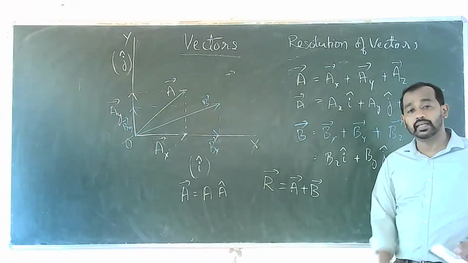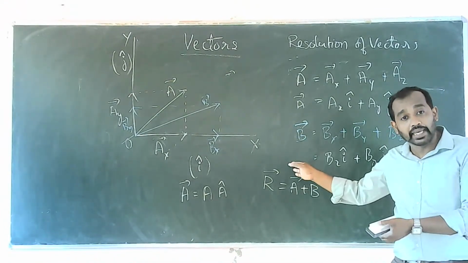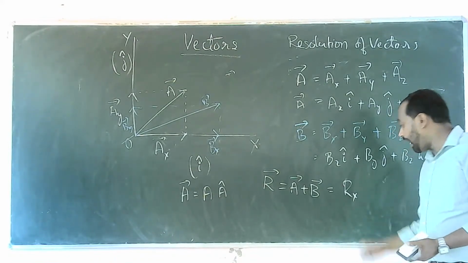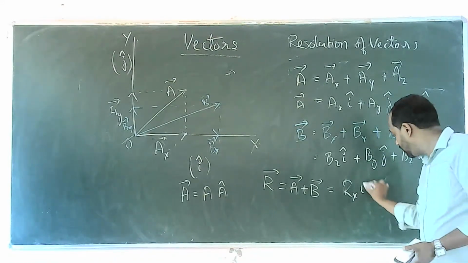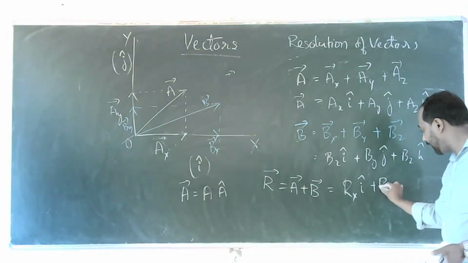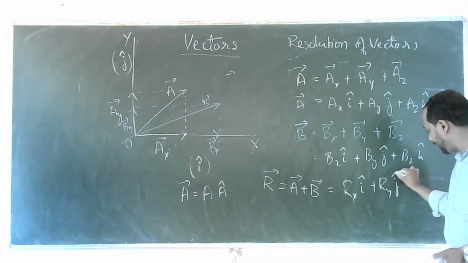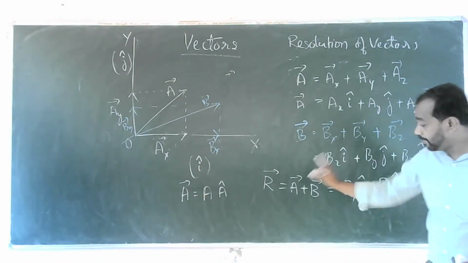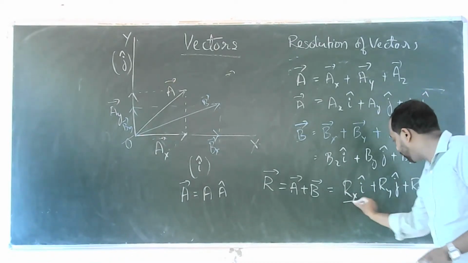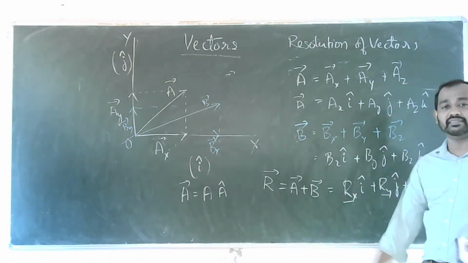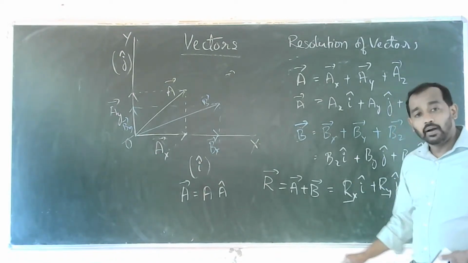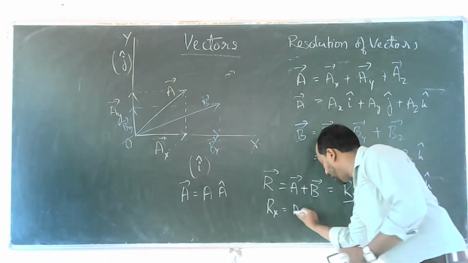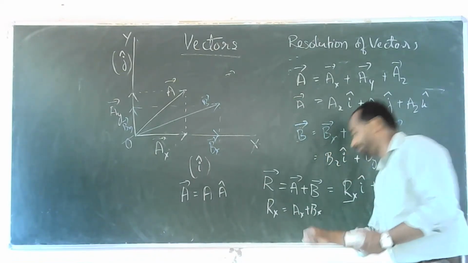Therefore, the resultant vector can also be represented in the same way. It will be represented as Rx into i cap plus Ry into j cap plus Rz into k cap. But what are the values of Rx, Ry and Rz? That's the question. The value of Rx is equal to Ax plus Bx.